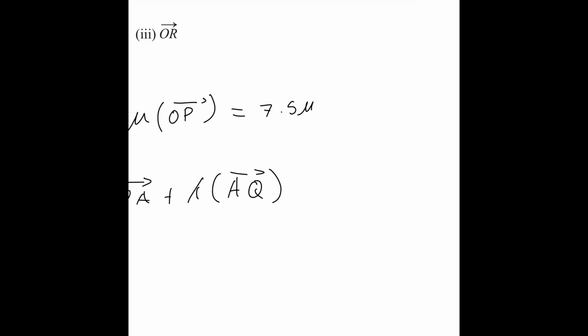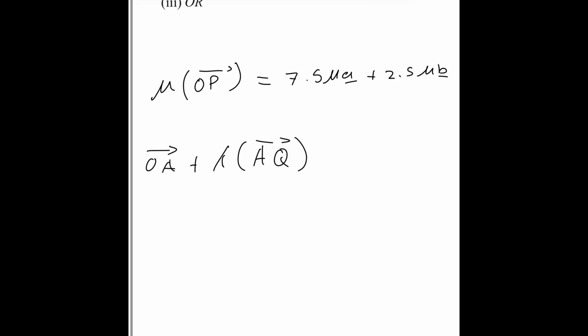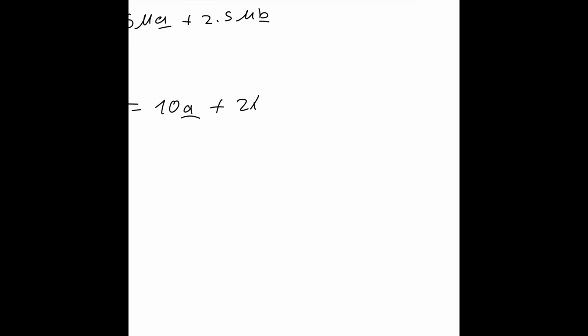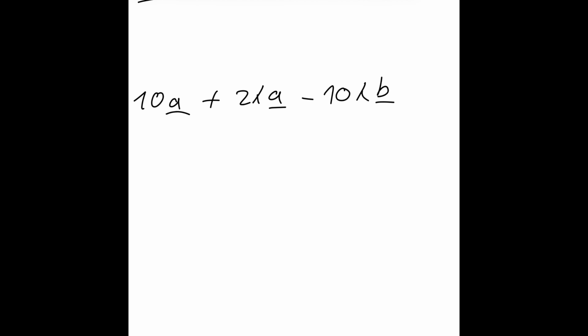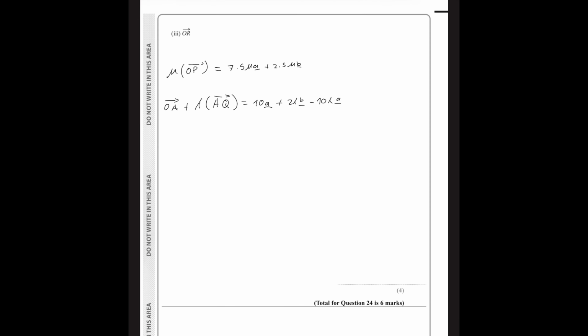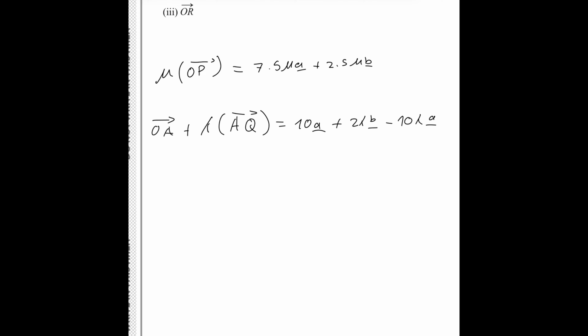So let's just do this. 7.5 mu A plus 2.5 mu B. And this is going to be equals to 10A, because that's what O to A is, plus, I don't know what A to Q is by heart, so, okay, it's going to be 2 lambda B minus 10 lambda A. And now since these are both ways to write OR, we can equate them as we can put them equal to each other. So let's do that.